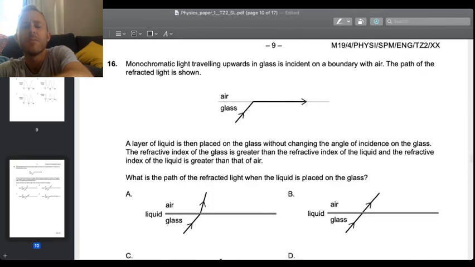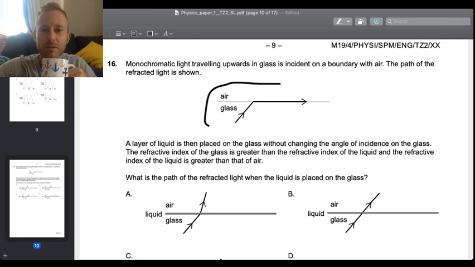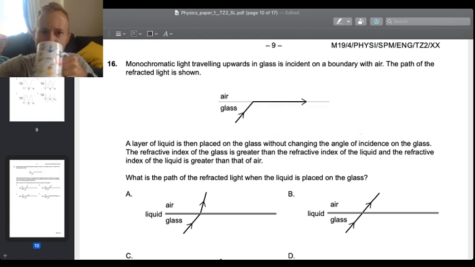C, monochromatic light is traveling upwards in glass and is incident on a boundary with air. The path of the refracted light is shown. So we can see this is total internal reflection. This is what is happening. A layer of liquid is then placed on the glass without changing the angle of incidence on the glass.